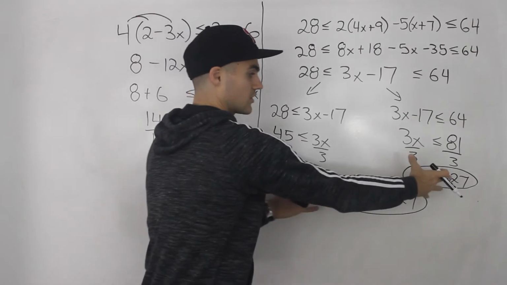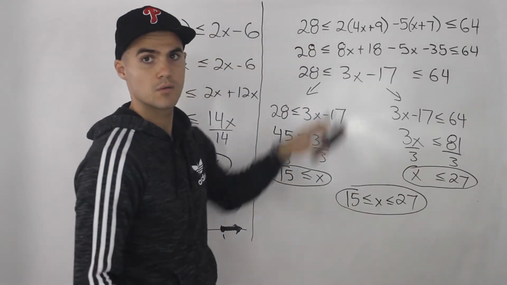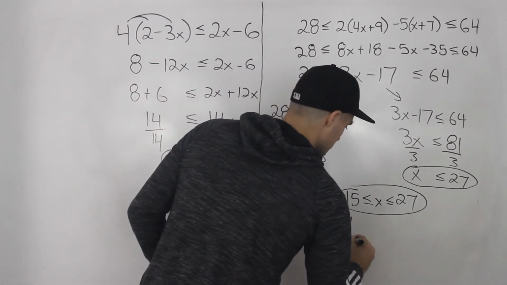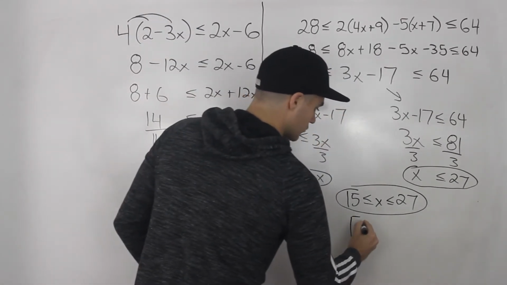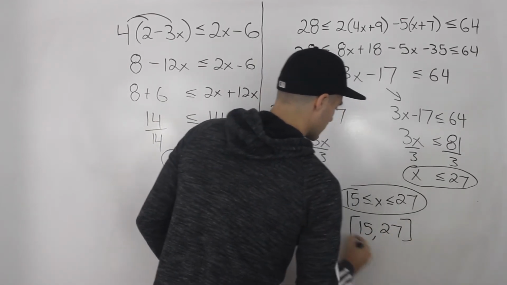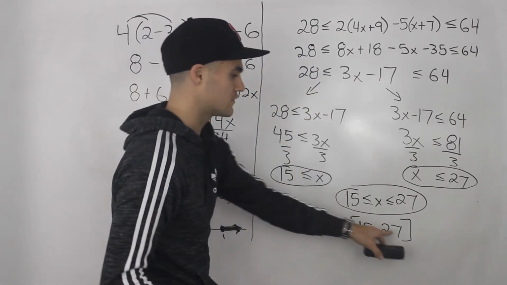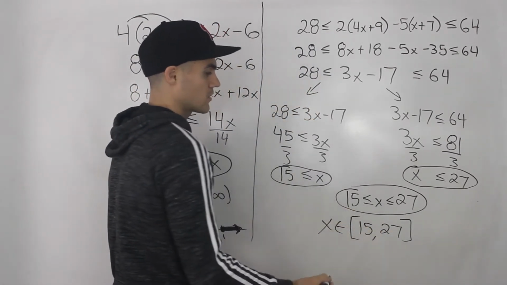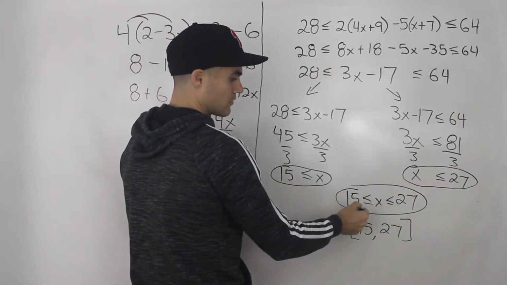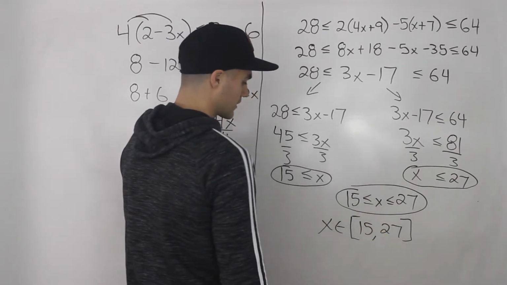Remember, at this point you have to combine the inequalities at the end because it was given as a double inequality initially. If you want to show this in set notation, it would just be square brackets 15 and 27, x is an element of that, because it's inclusive of 15 and 27, hence the square brackets. If it wasn't inclusive, if it was just x greater than 15 and less than 27, these would be round brackets.